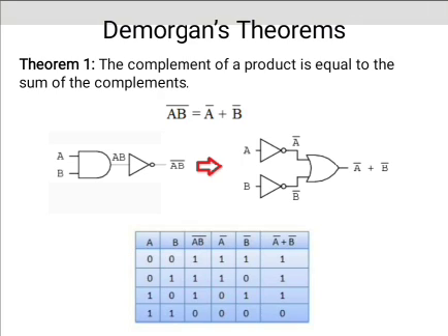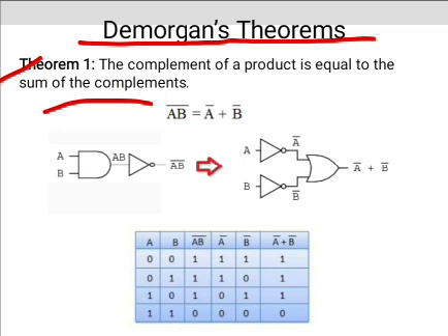Next is De Morgan's theorem. De Morgan's suggests two theorems. That is why it is an important part of Boolean algebra. So theorem number one states that the complement of a product is equal to the sum of the complements.